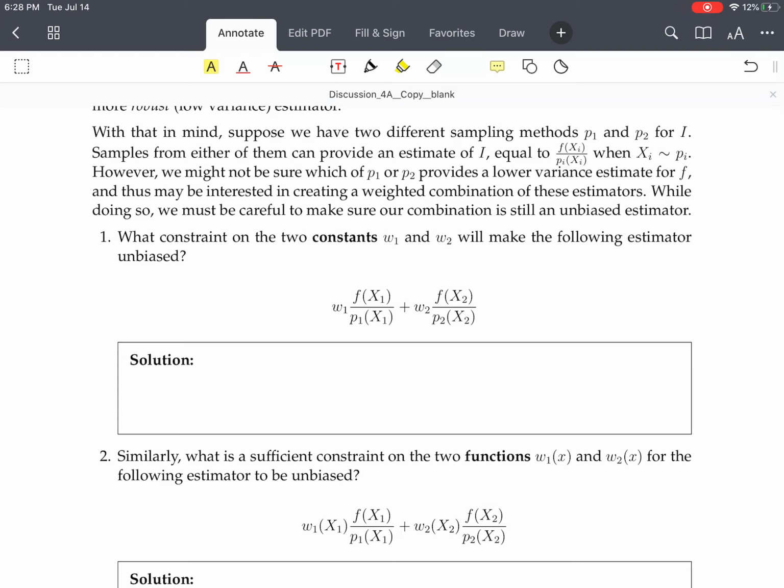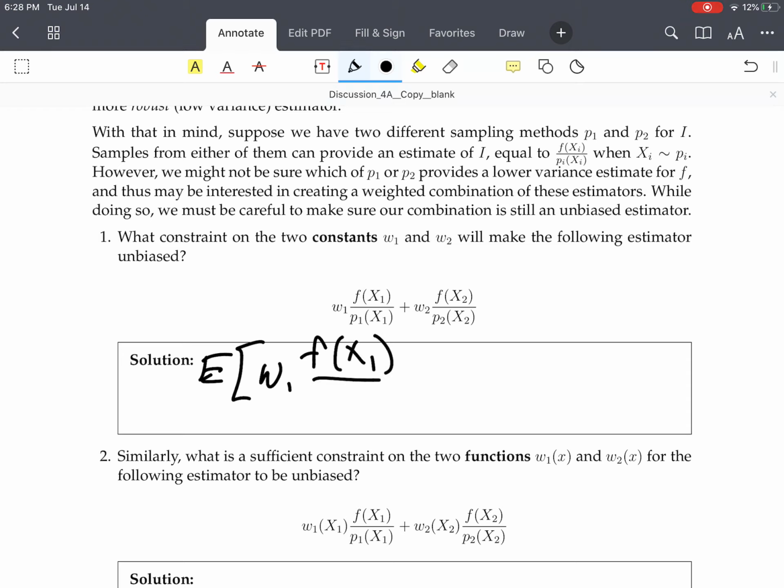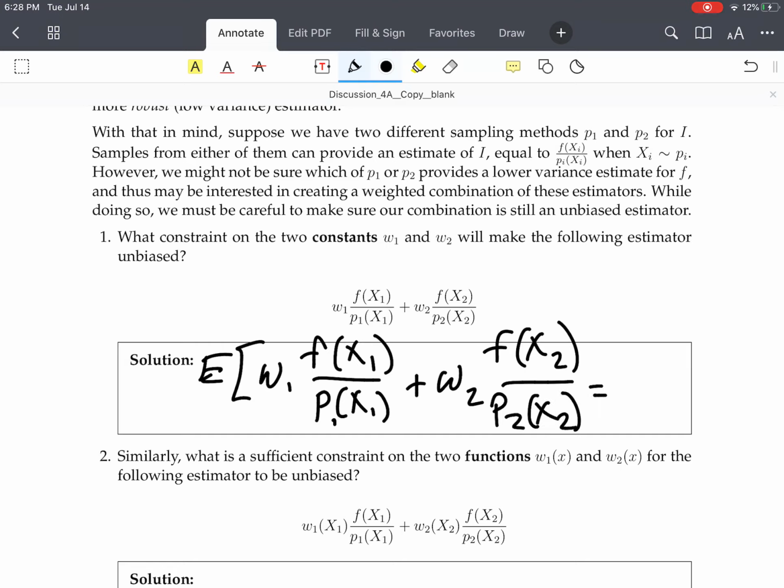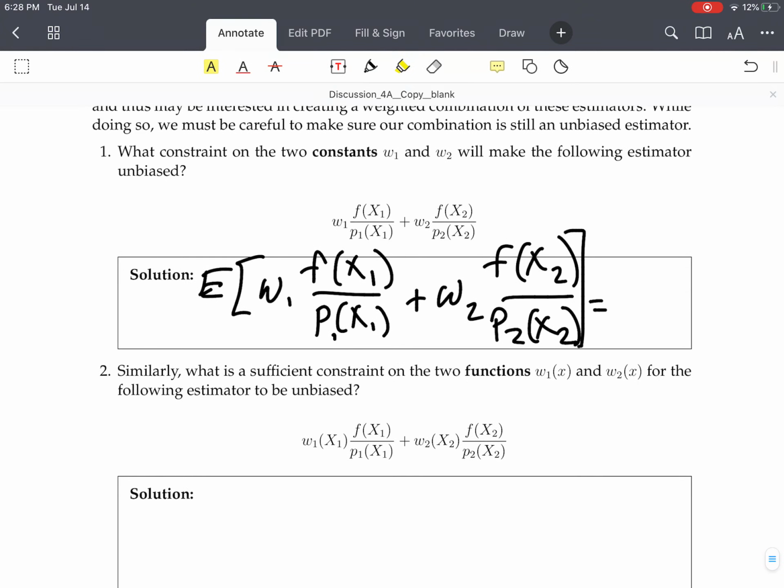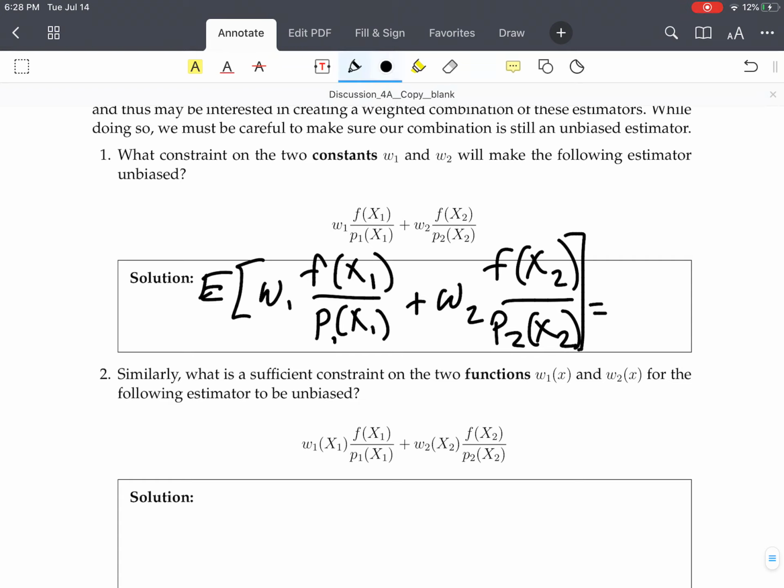Okay, so let's just write this down. Let's take the expected value of this. So the expected value of W1 times f of x1 over p1 of x1 plus W2 f of x2 over p2 of x2 is equal to, okay, wow, I really did not leave myself a lot of space, but nonetheless, that's fine. So remember, properties of expectation.